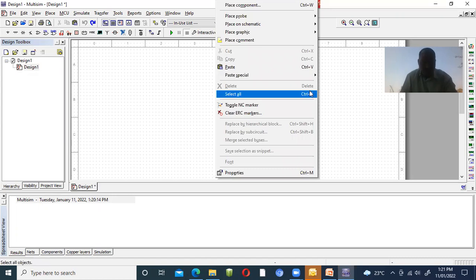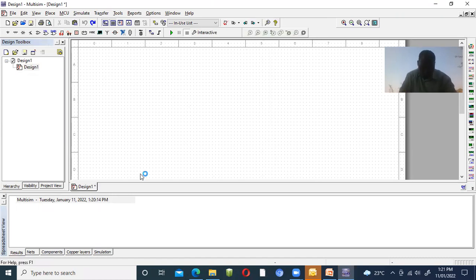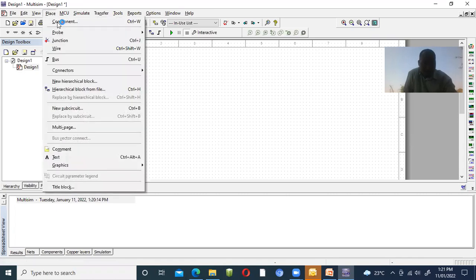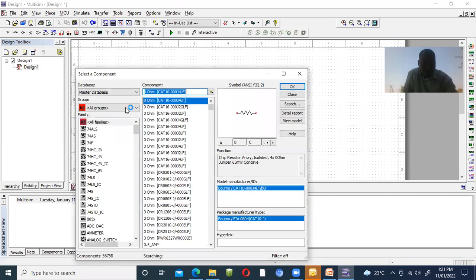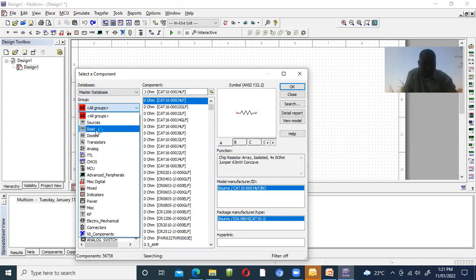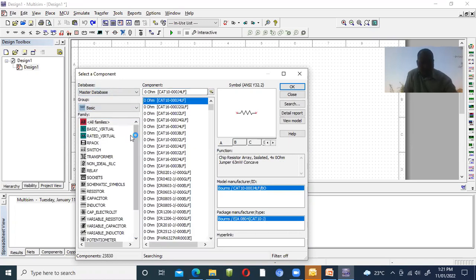In that diagram, we have to use the 8.2k resistance first. Go through the place component option. You have to select all groups, and after that select the basic component. So 8.2k is a resistance.